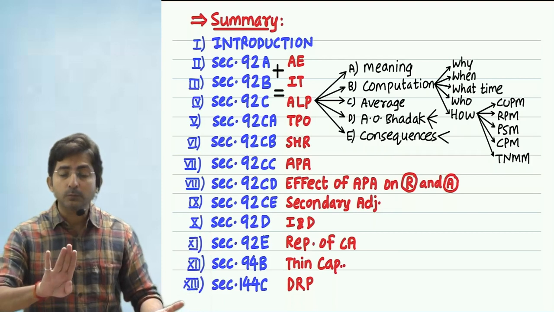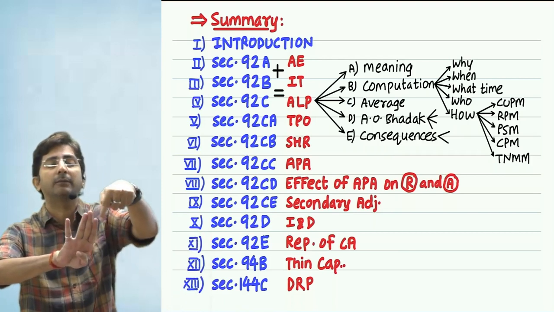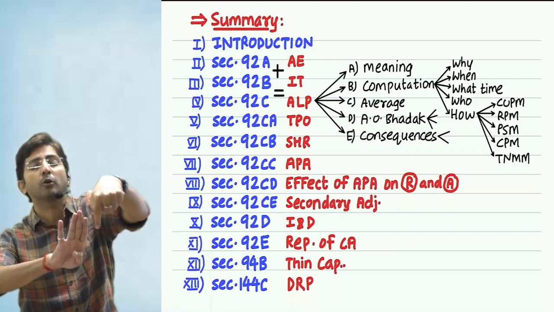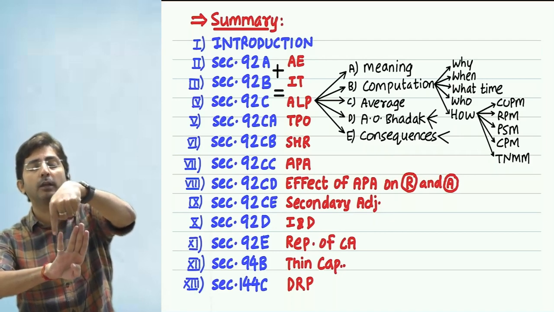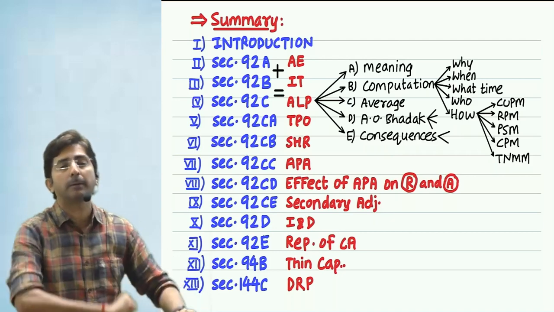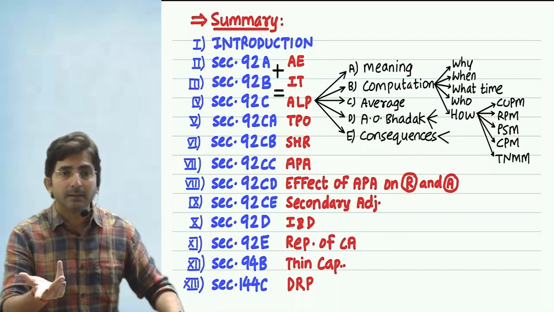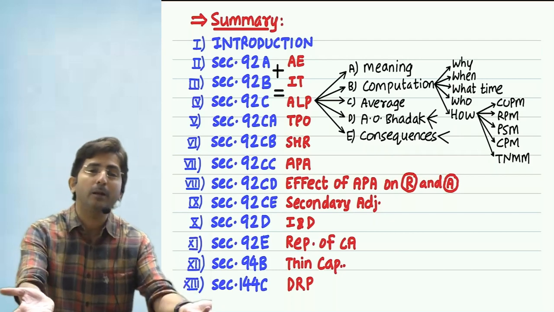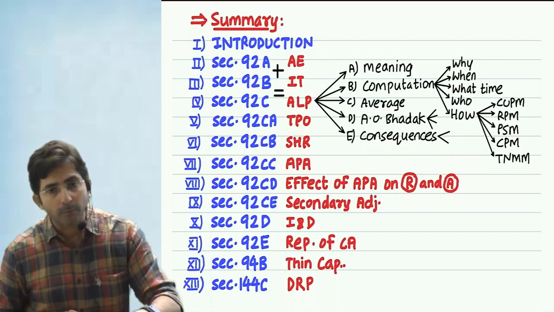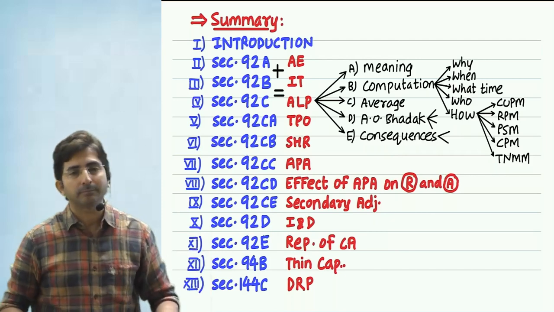But notice one thing, 3 points are connected with information document. And in the first point, your default was you didn't compute ALP. You know, even in the first point, there can be two varieties. Some assessee do not compute ALP and some compute, but the method is not appropriate.